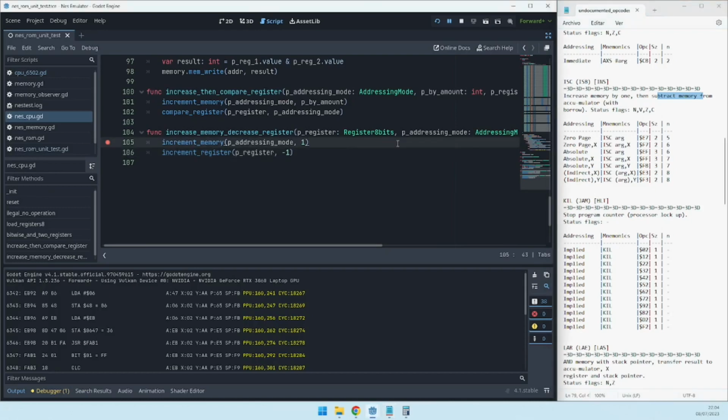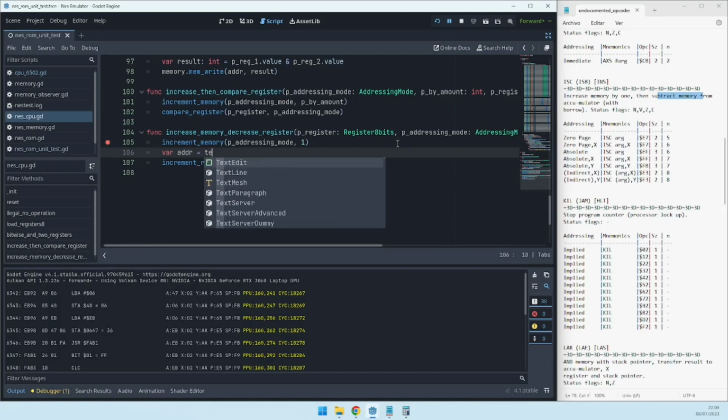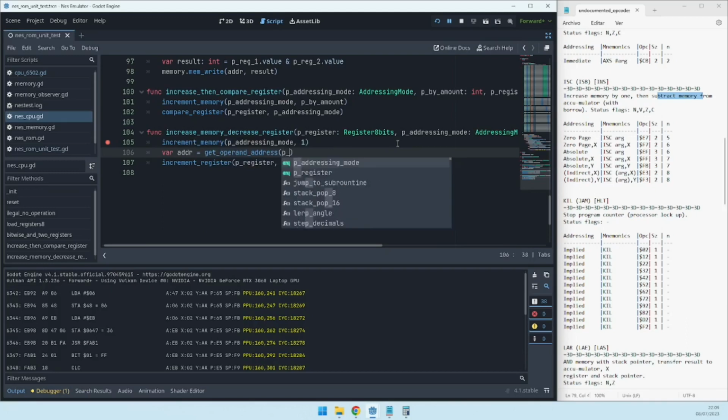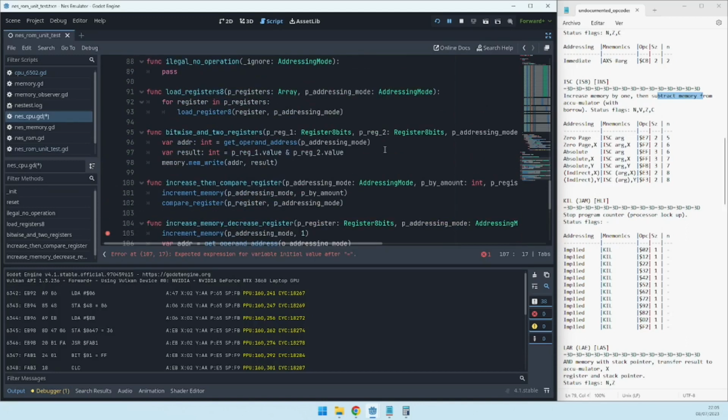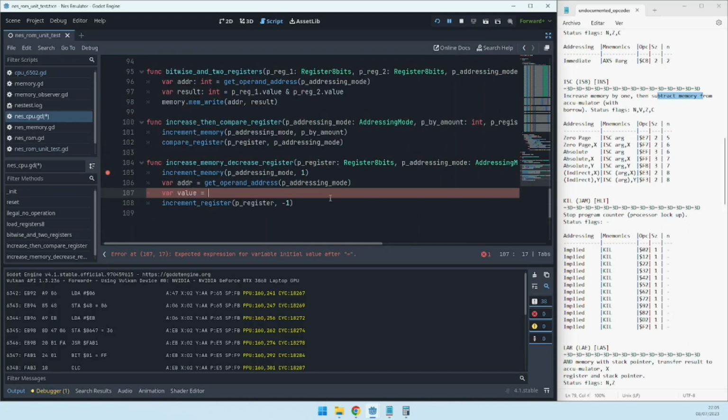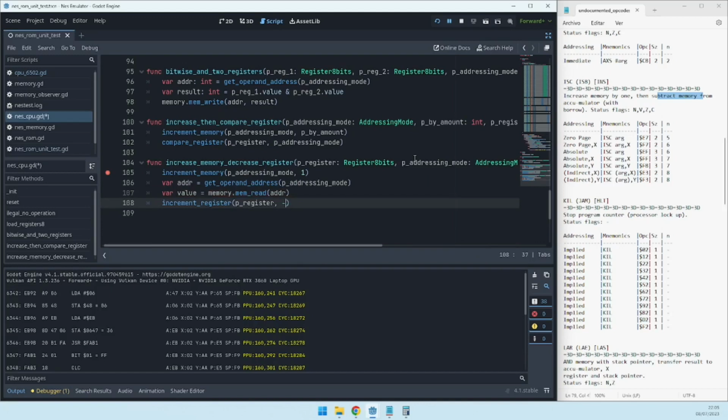So increase the memory, then read the memory. Address equals get operand address, the addressing mode, value equals memory read address, and now we want to decrease by minus value.